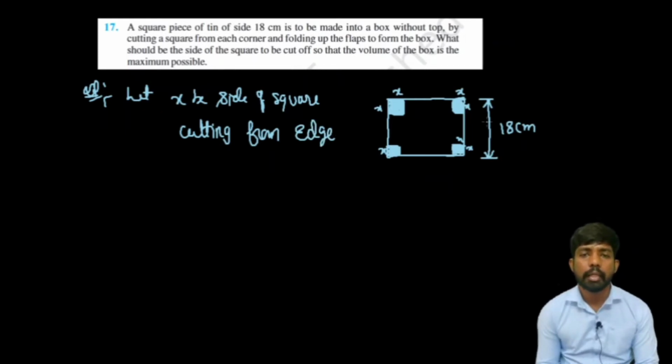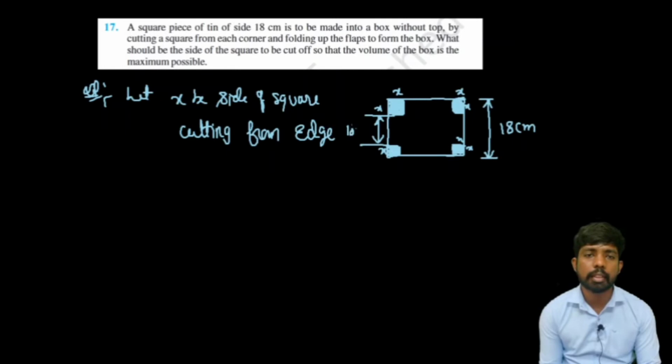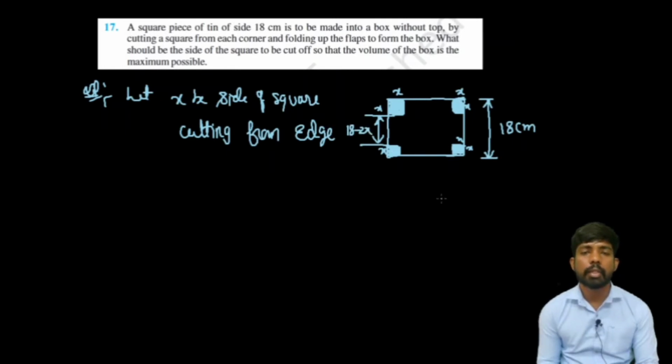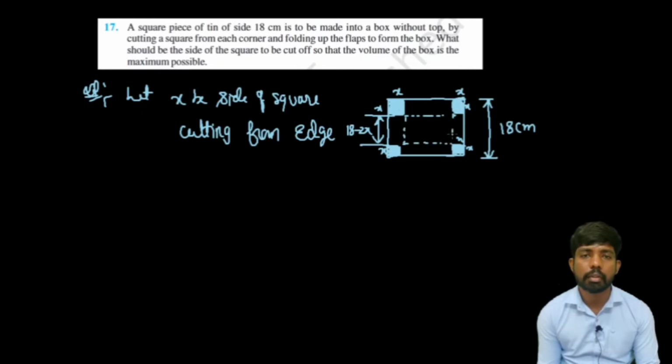So here if we cut this, the remaining space is how much here? x, 2x. We are subtracting from the total distance. So what is this distance? 18 minus 2x, right? So let us consider here. This is a base.